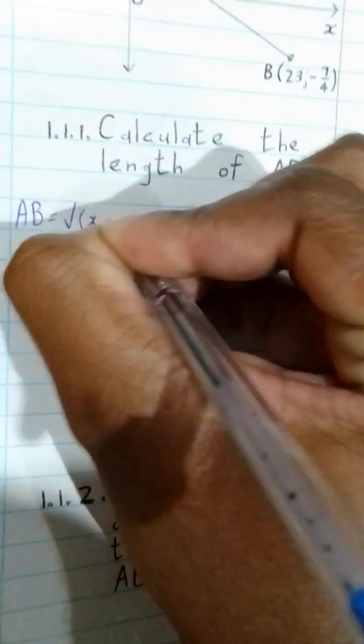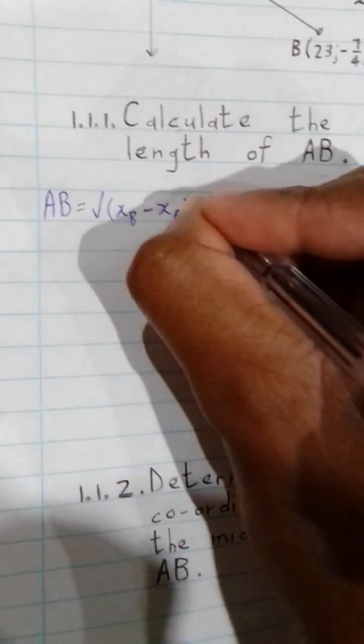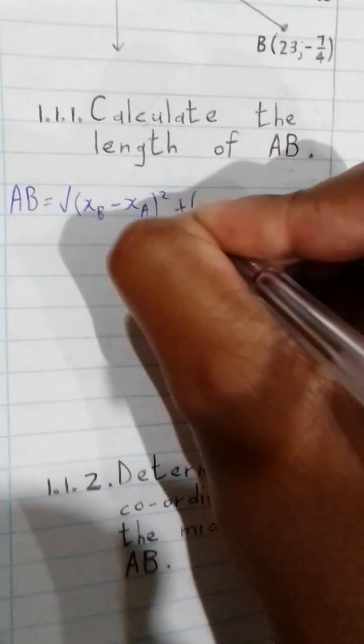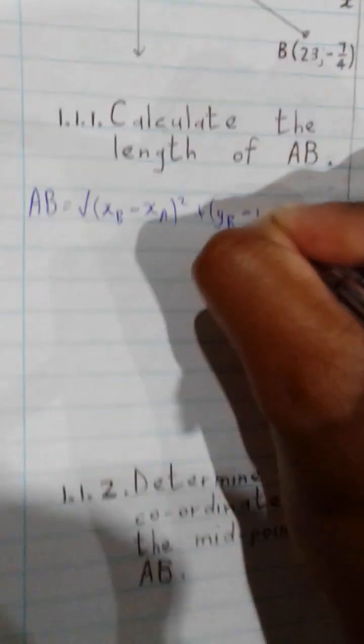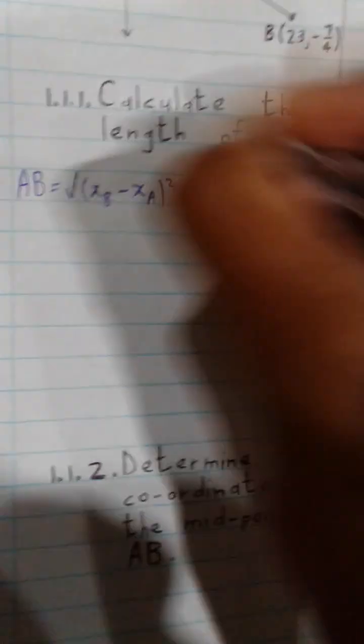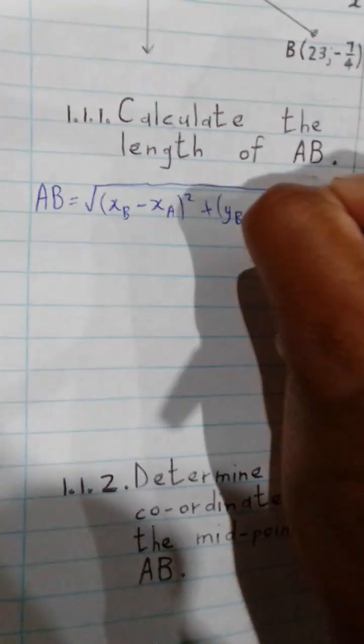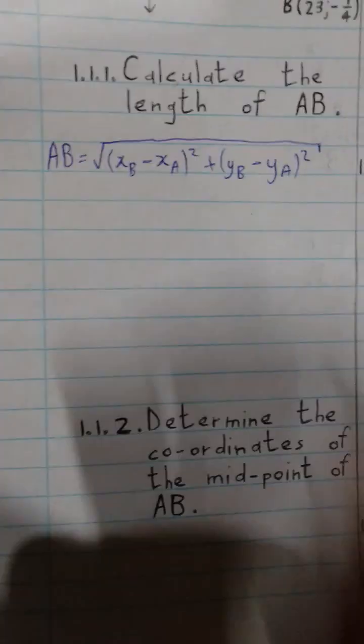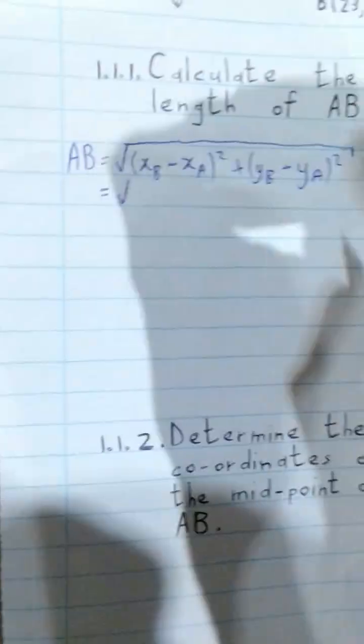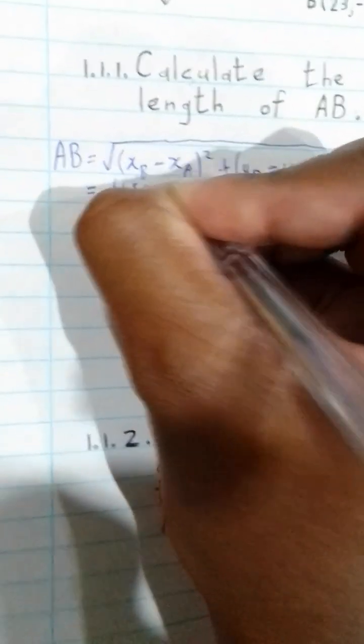Square root of, let's say, (xB minus xA) squared plus (yB minus yA) squared. What is x of B? 23, minus what is x of A?